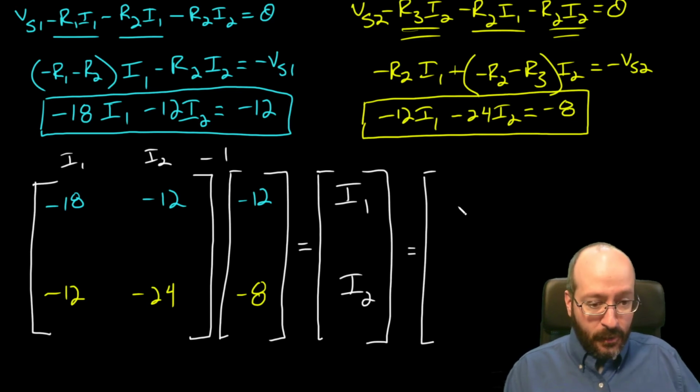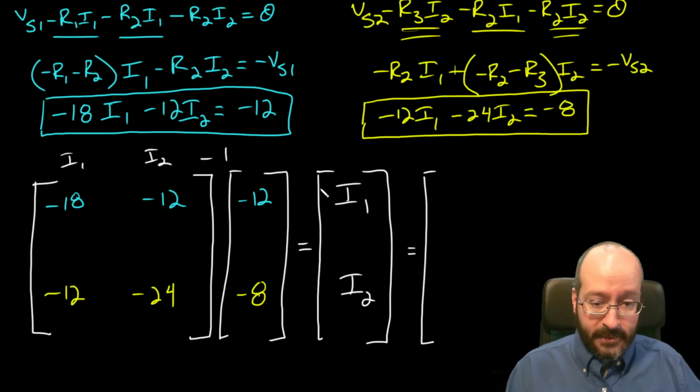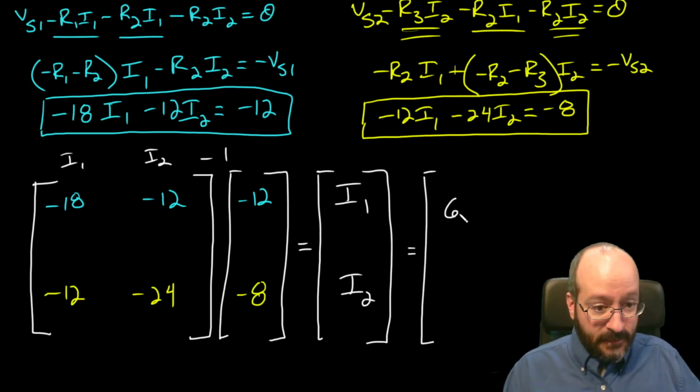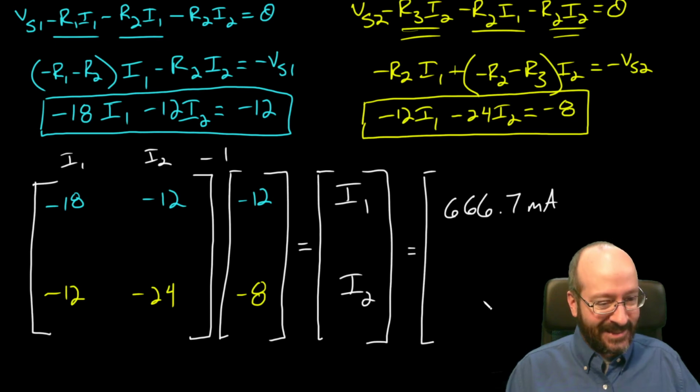Okay, so let's see what we got. Okay, so we got 666.7, looks like 2/3 of a milliamp. Okay, or 2/3 of an amp, 666.7 milliamps.